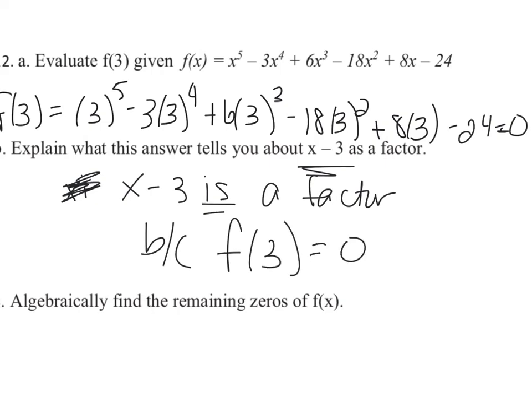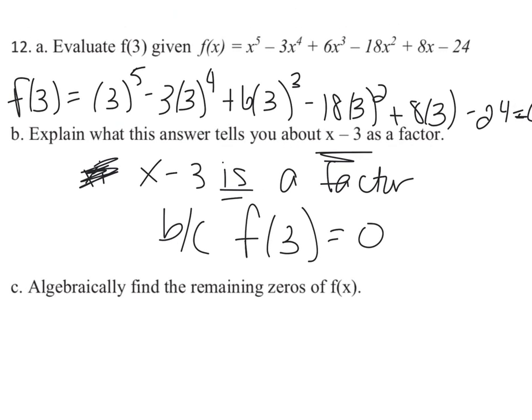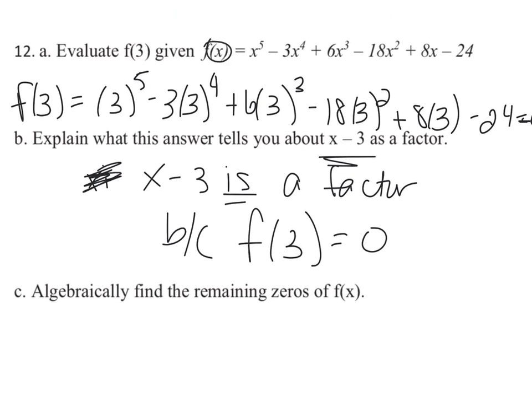Okay, now to algebraically find our remaining zeros, you would try to set the thing equal to 0, and then you would try to factor. It is impossible to factor this thing, so what we're going to do is we are going to use synthetic division.